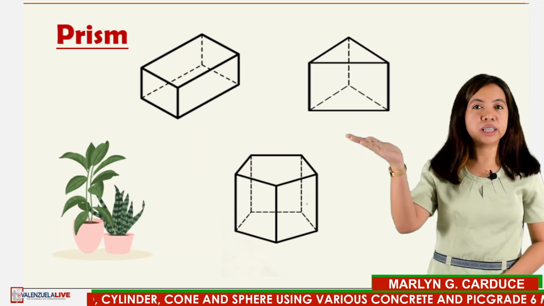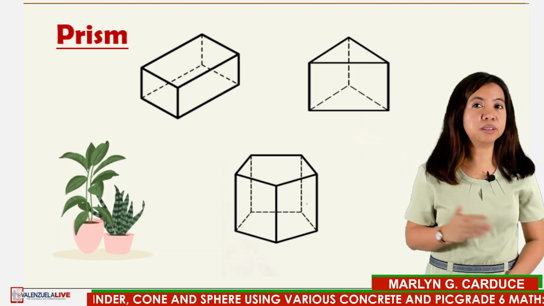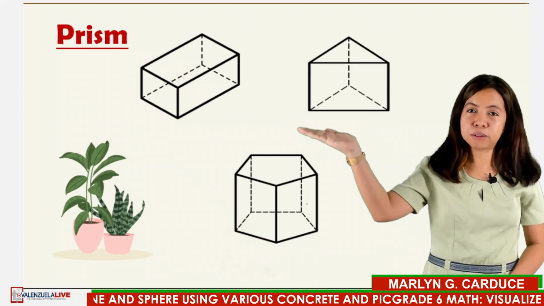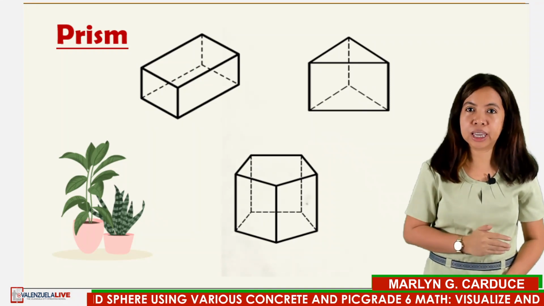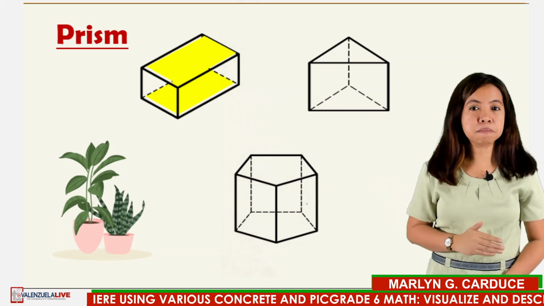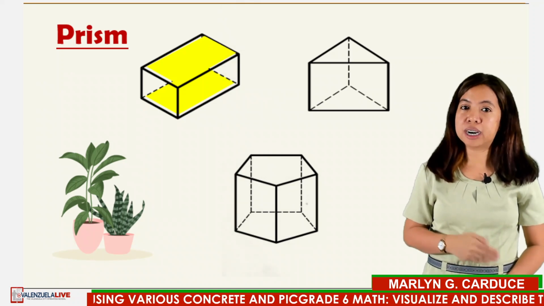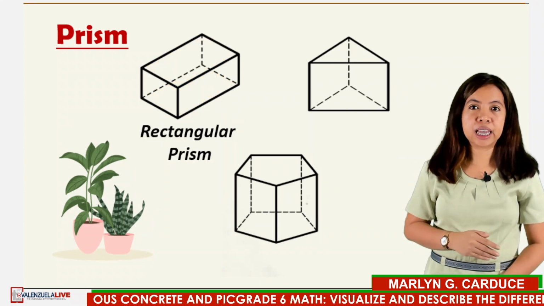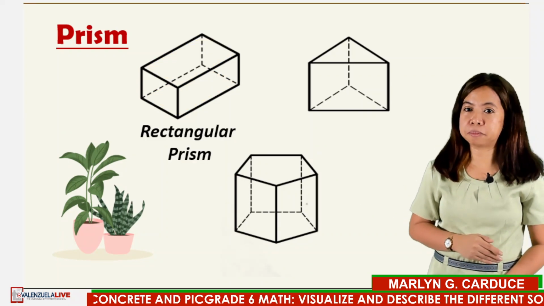So I have here different types of prism, and we can now name this according to its bases. For our first type of prism, if a prism has 3 pairs of parallel rectangular bases, we can name it as a rectangular prism.